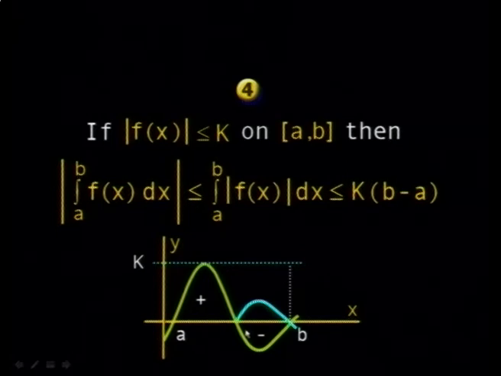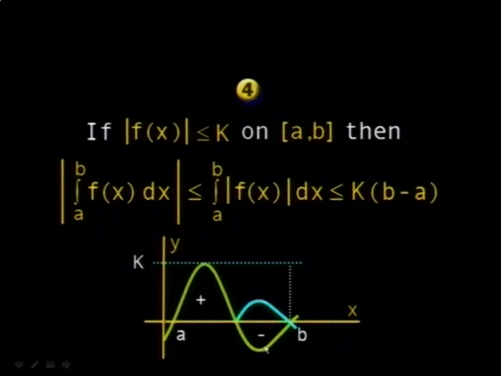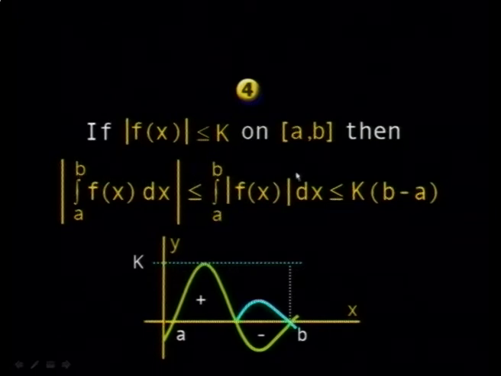So if you invert this green graph from this point till this point, you get, for example, the blue one here. So sure, the integral from a to b is less than what? The integral from a to b of the same function in which the negative part is inverted. So the integral of your function is less than the integral of the modulus of your function from a to b.